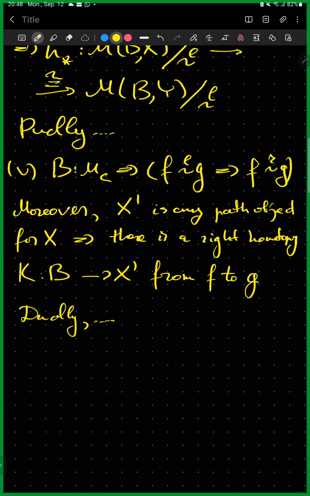So I start from the first part, which is almost immediate.